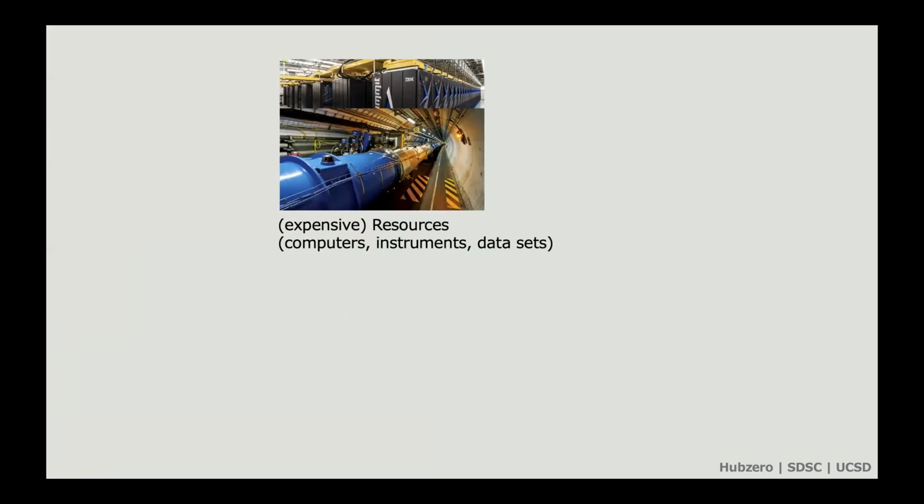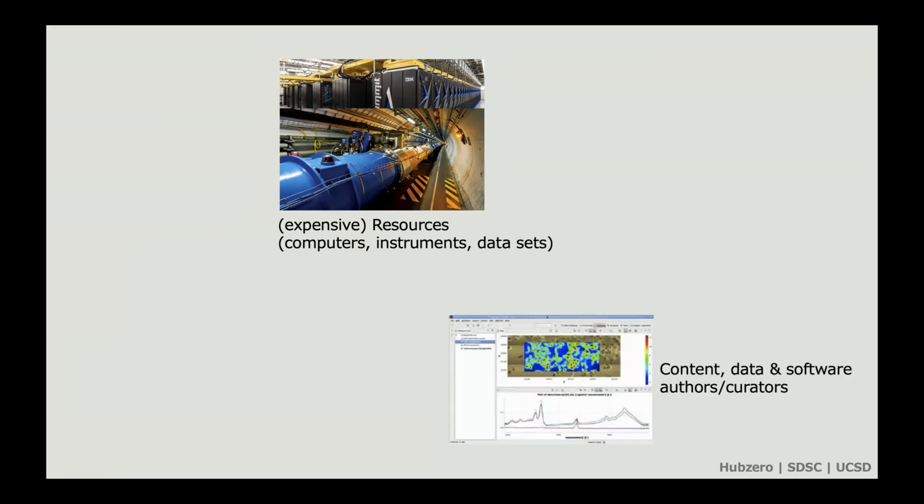We have all seen that we have pretty exclusive resources in the research community all around the world, and these can be very expensive sometimes. These could be colliders or supercomputers, telescopes and things like that. Then we have a lot of content that is produced by researchers and students.